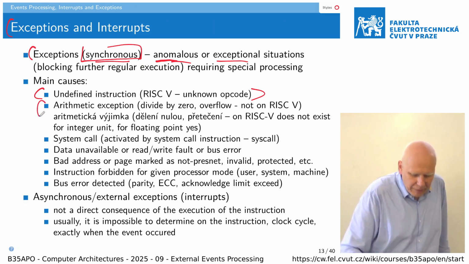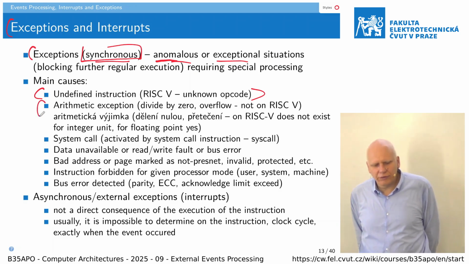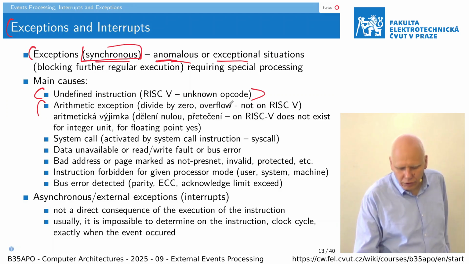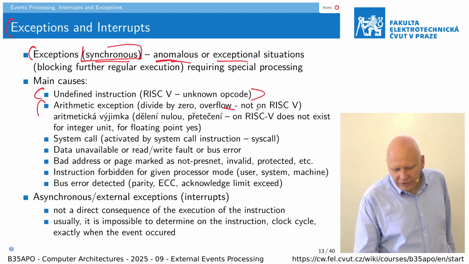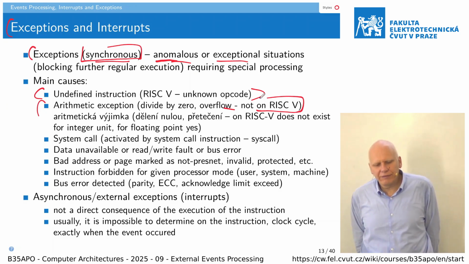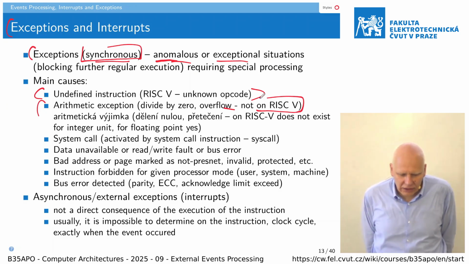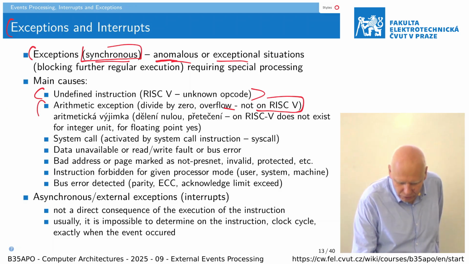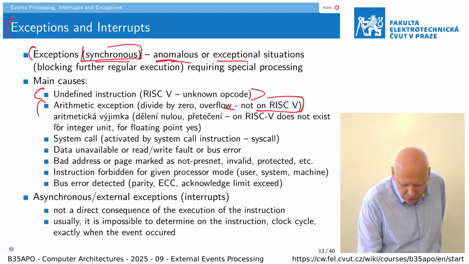Then there are some arithmetic exceptions. So, for example, divide by 0 or overflow, which are not available in this case on RISC-V on the integer arithmetic. And I have forgotten to translate those two words here.